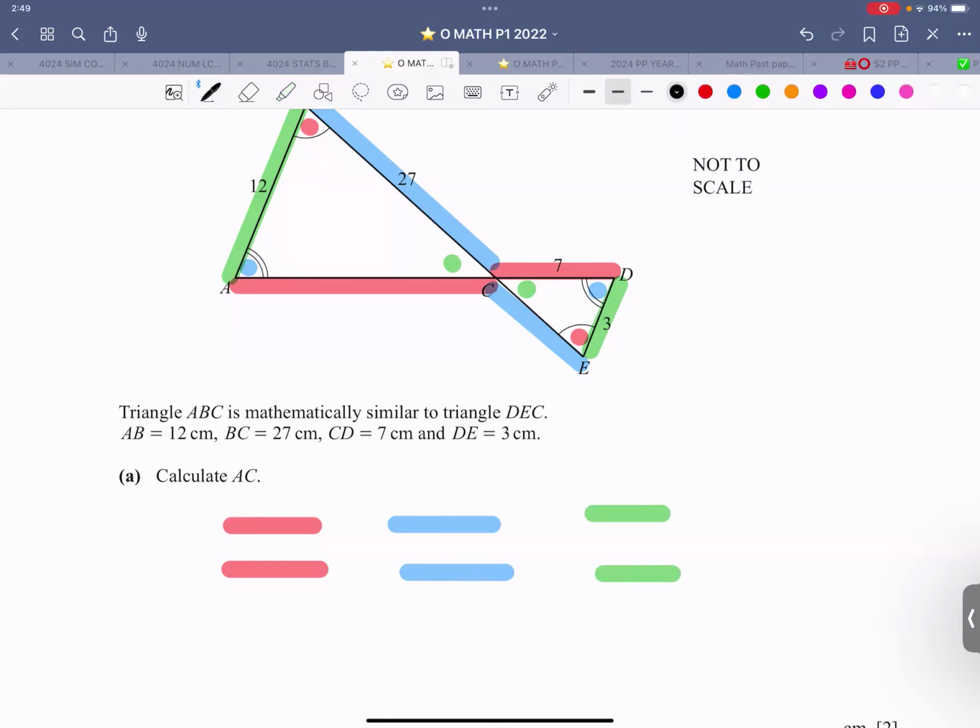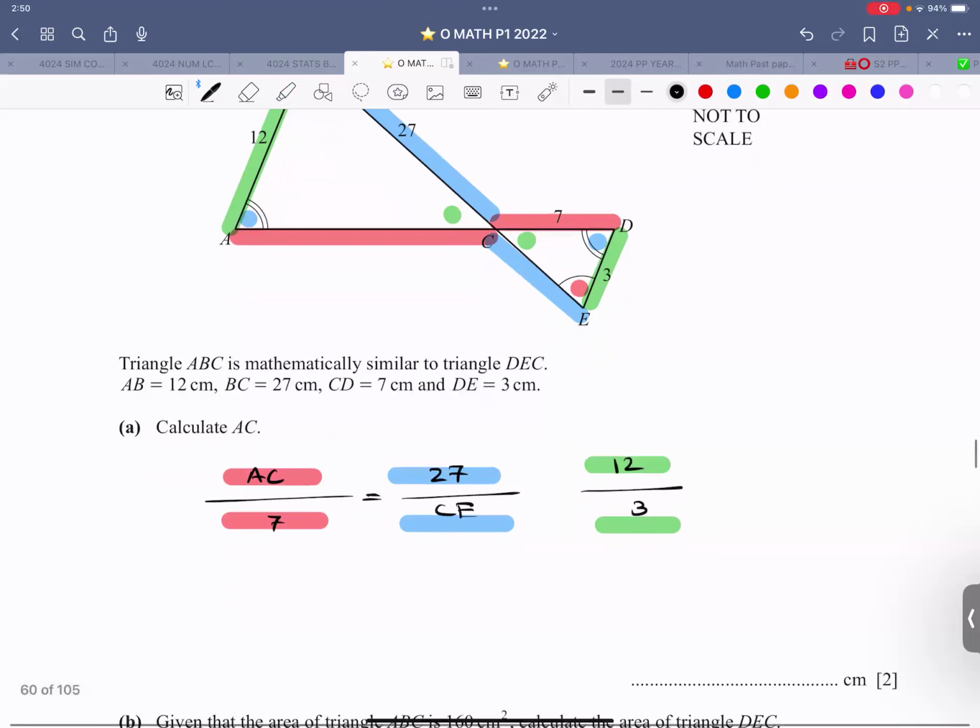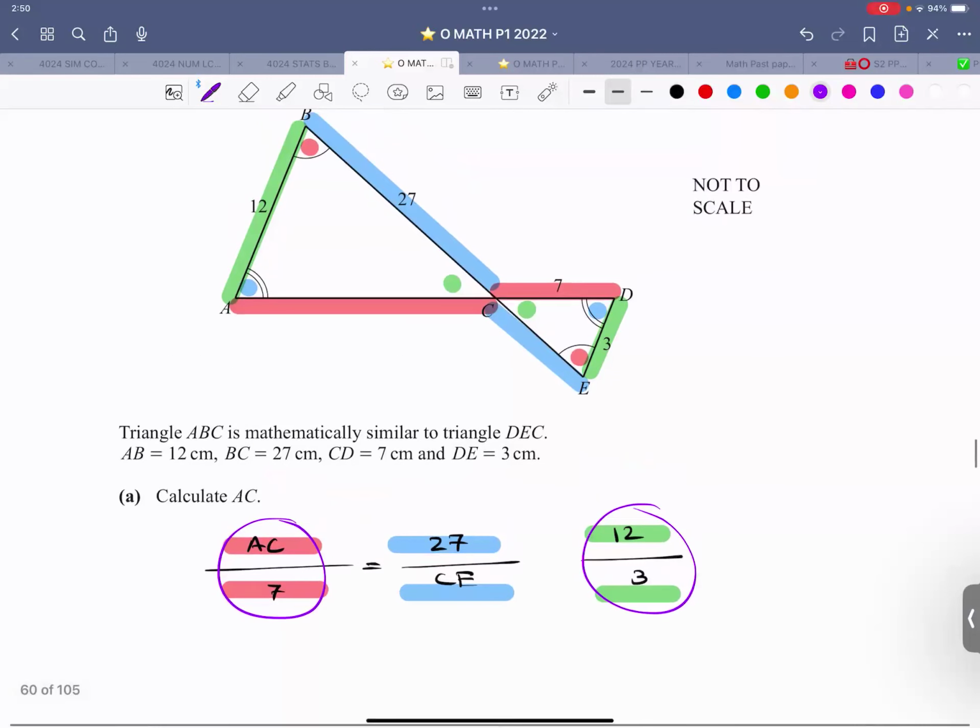The big is AC and corresponding to it is 7, equal to the blue big 27 over the other big CE, and then the third one, 12 over 3.